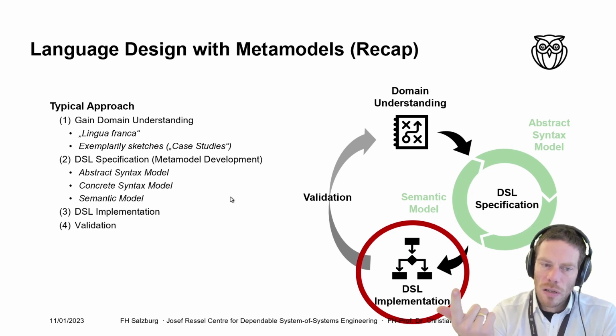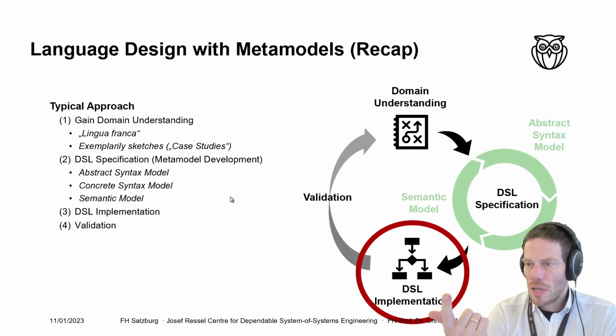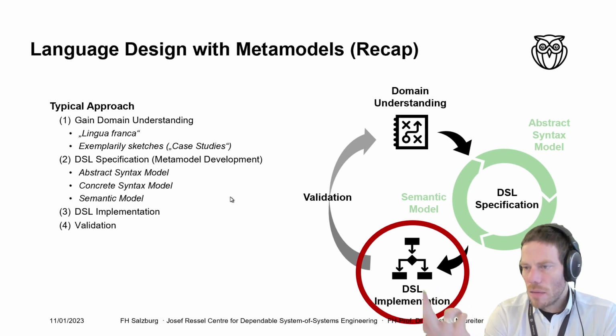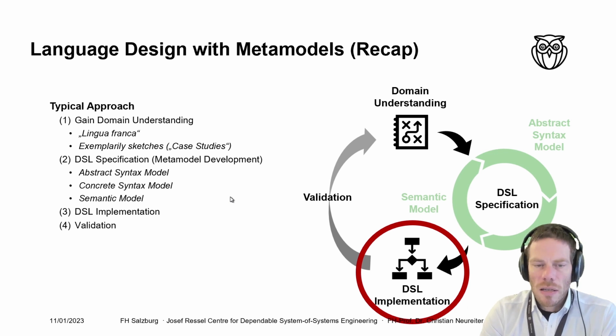We have seen the concrete syntax model, which in that case is a library-based concept, and the semantic model, which is simply pure text that is used to enrich the individual modeling elements defined in the abstract syntax model.